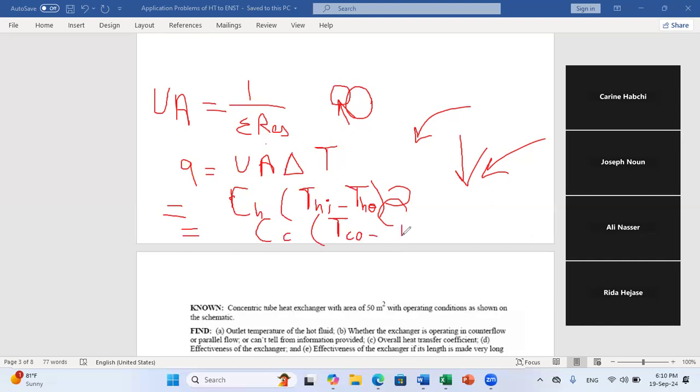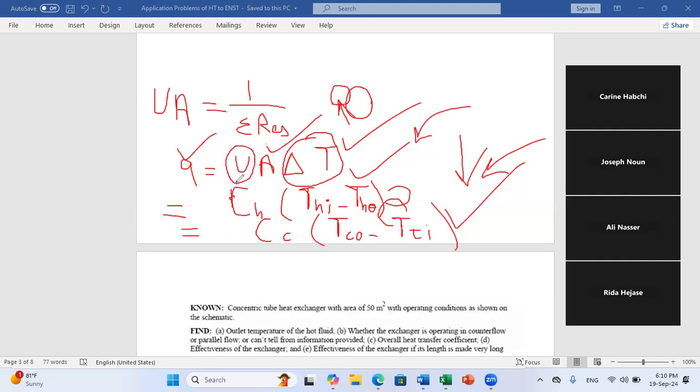Once you have Q, they can ask you in a reversed way to deduce the overall heat transfer coefficient. We can evaluate Q, and we have delta T logarithmic according to the formula we discussed. They gave us the area, so now we are ready to calculate the overall heat transfer coefficient U.